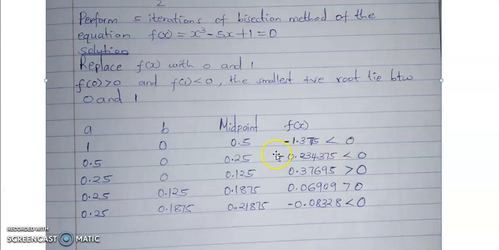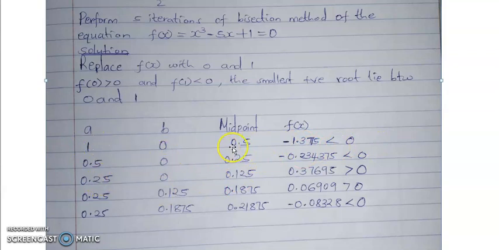You come to your two points here and ask which one has a function value less than 0. As you can clearly see, it is 1 here.